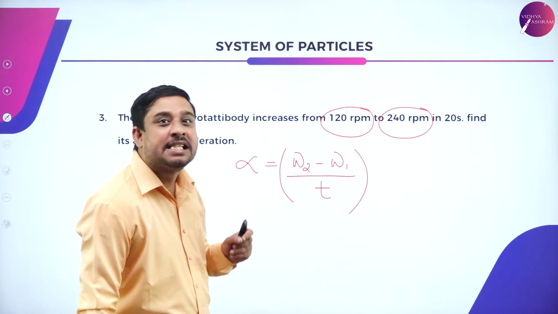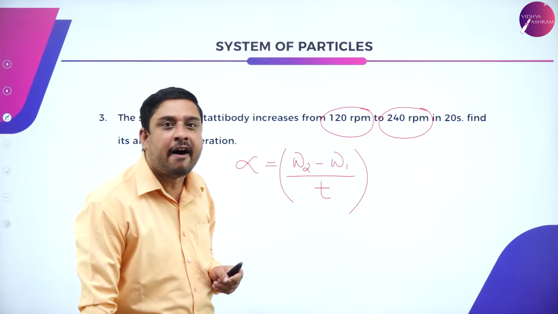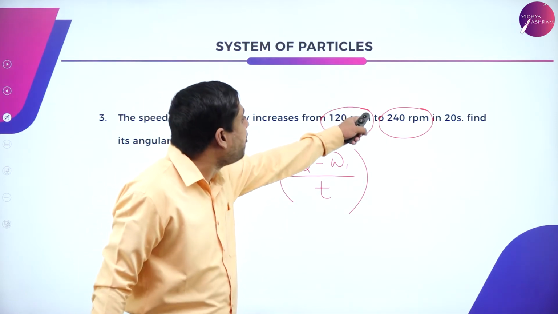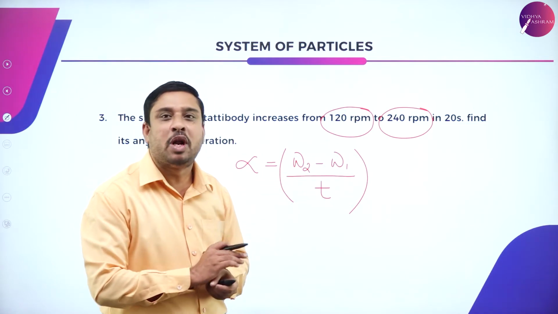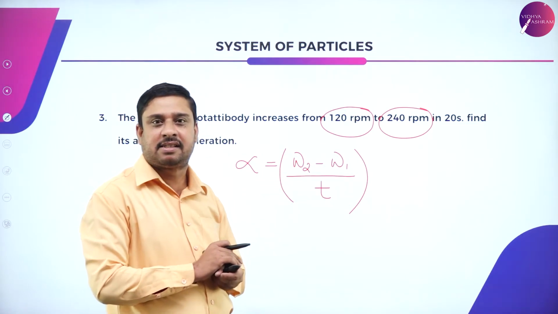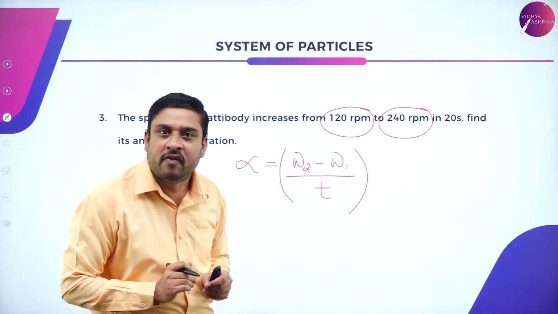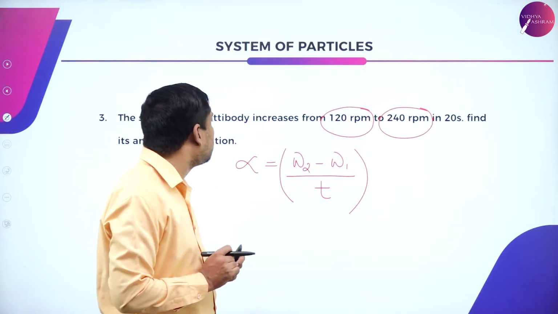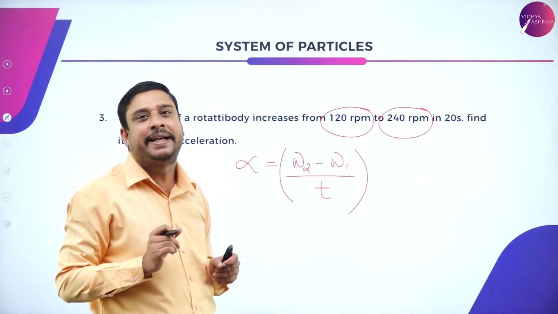Frequency is increasing from 120 rpm to 240 rpm in a time interval of 20 seconds. So angular acceleration will be omega 2 minus omega 1 divided by t.